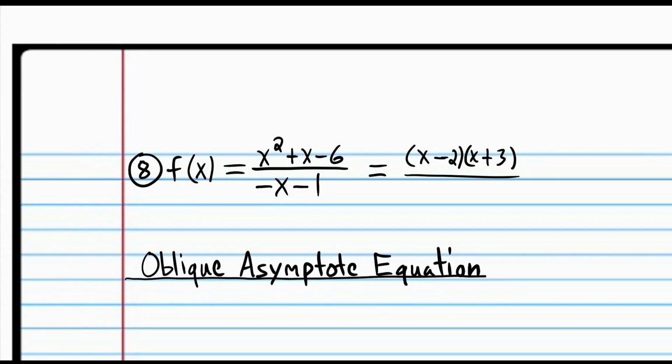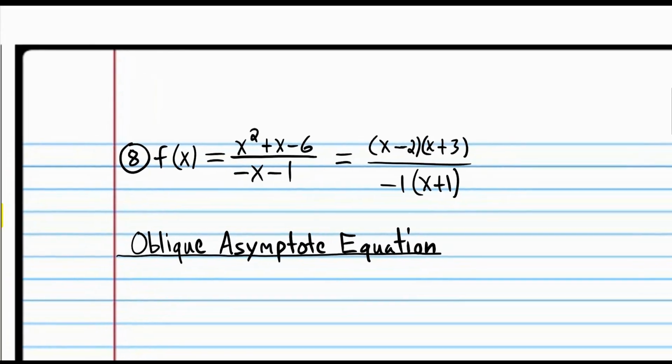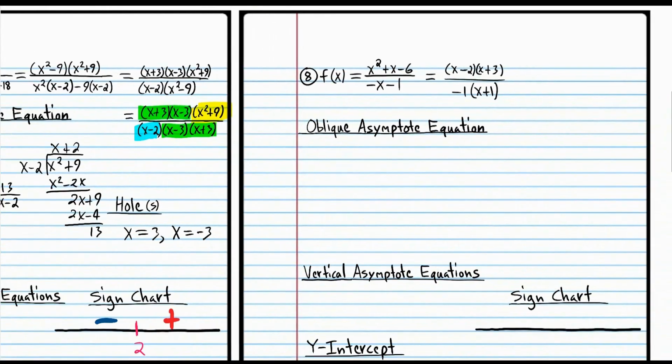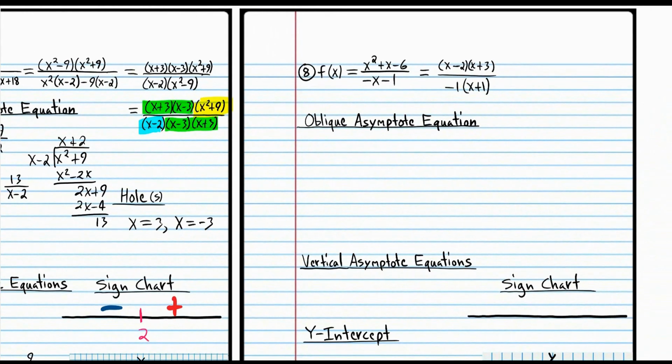And it might be useful to factor out a negative 1. You don't really have to do that, but you can do that in the denominator if you'd like. And this gives us some useful information. We know that there's a vertical asymptote at x equals negative 1.